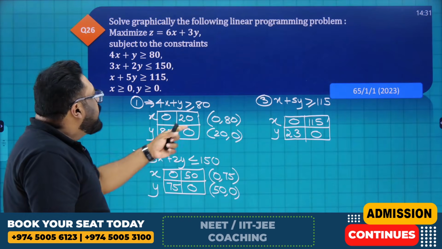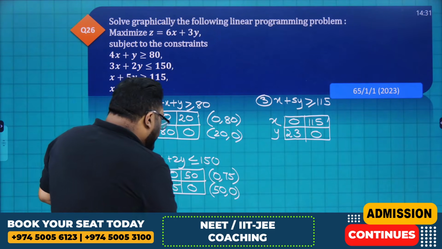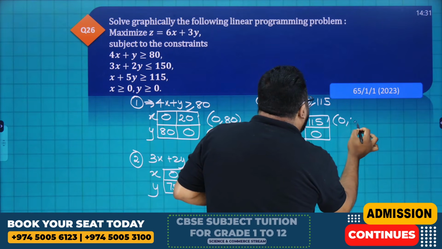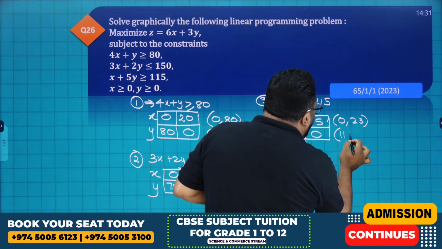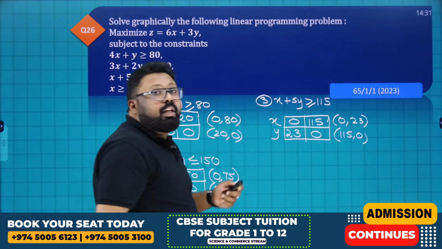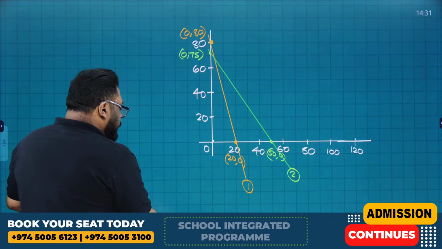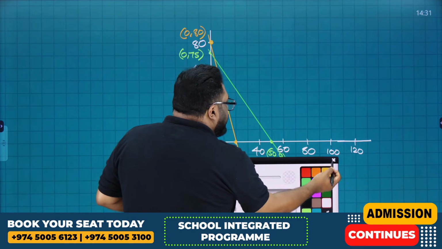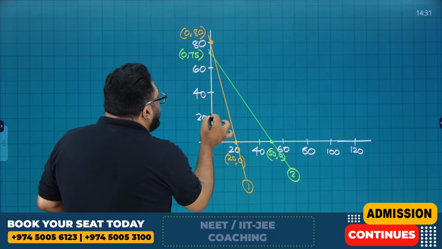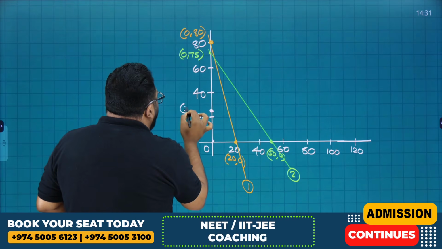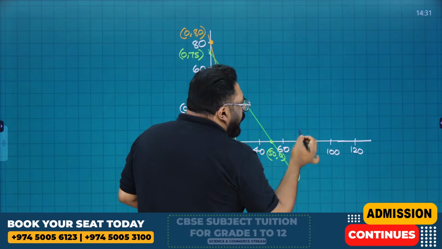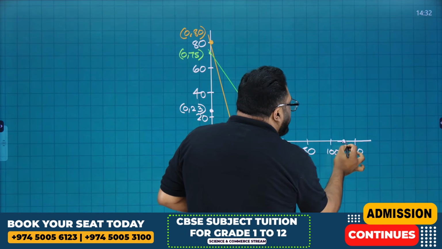Equation number 3 is (0, 23) and (115, 0). (0, 23) is somewhere over here, and 115 is over here.